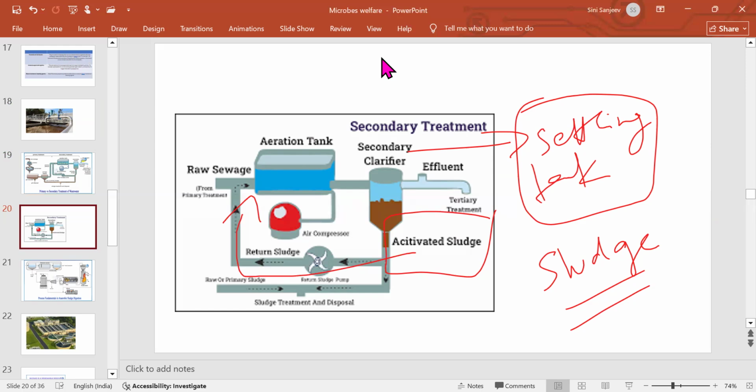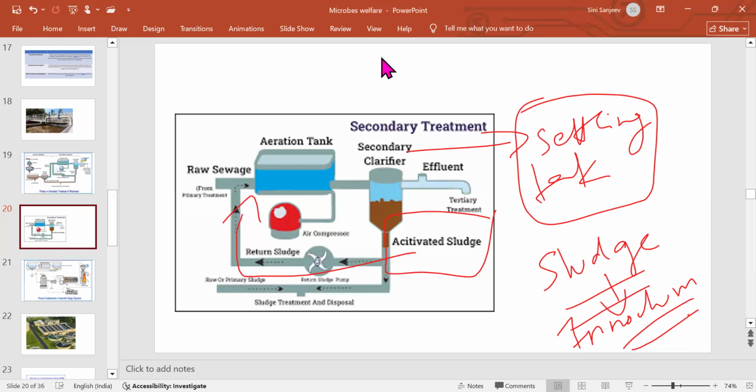So a small portion of your activated sludge is pumped back into your aeration tank, which acts as an inoculum. This step is very important. Next, it goes to the anaerobic sludge digesters.